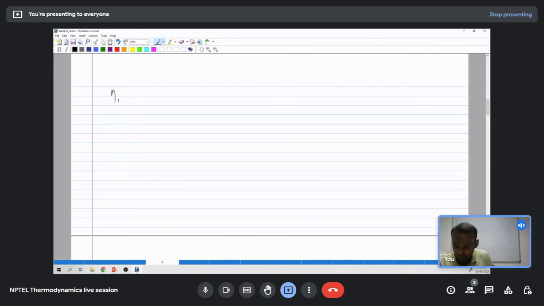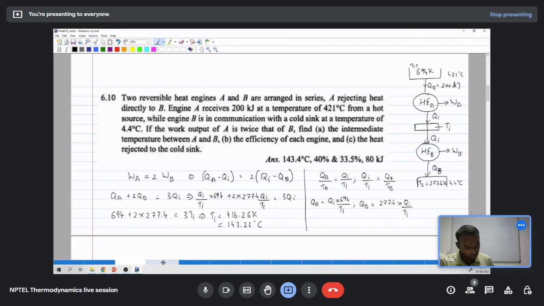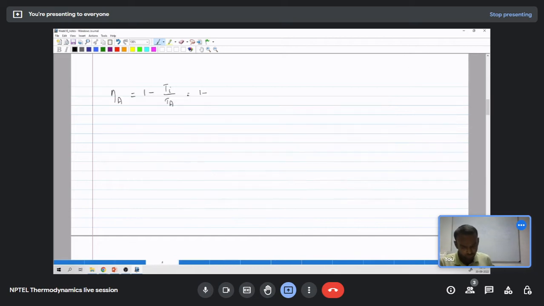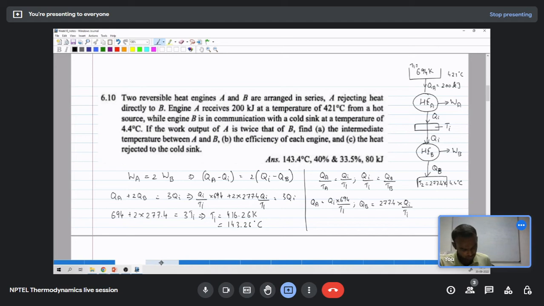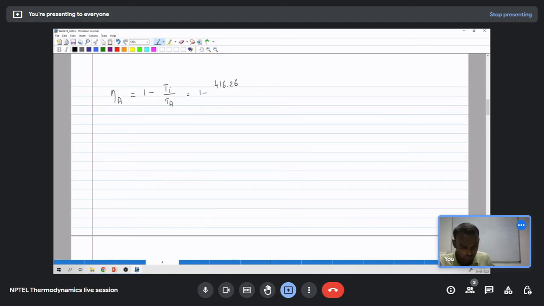So efficiency of A is equal to 1 minus TI by TA, which is 1 minus 416.26 divided by 694. So this comes to be 40%.